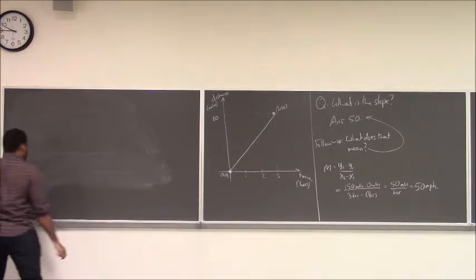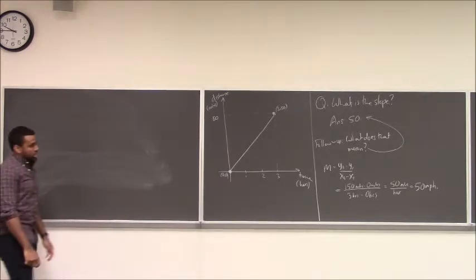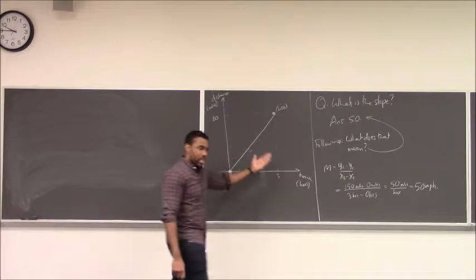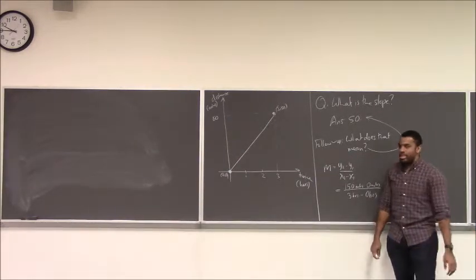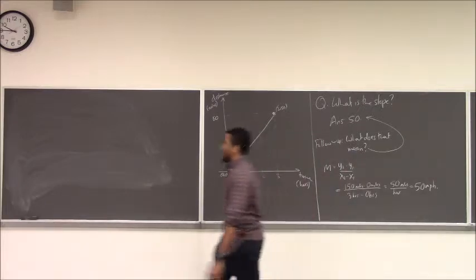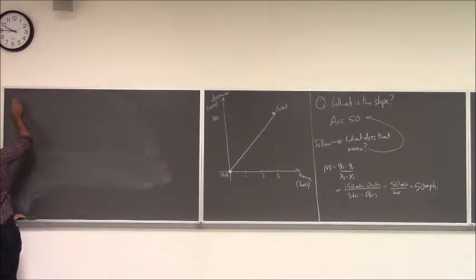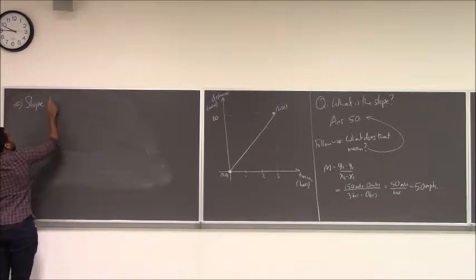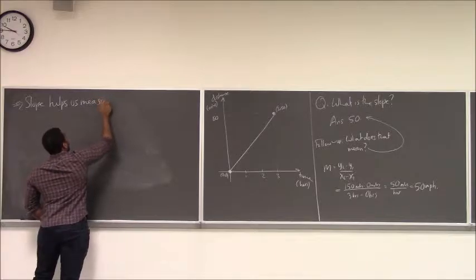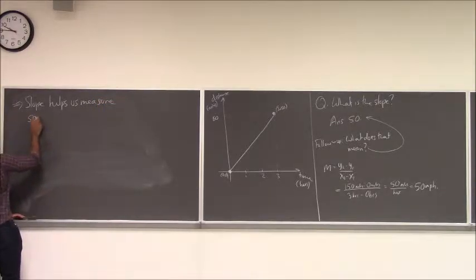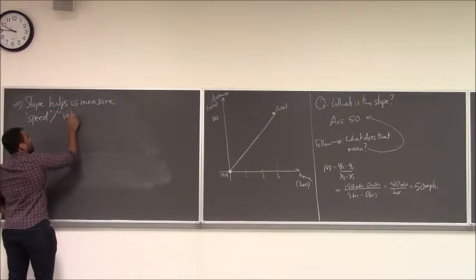So now, of course, there's an objection. Not all things move in a straight line. Not all things move at a constant rate of speed. How do we apply this to things that are not? So, slope helps us measure speed, or velocity.